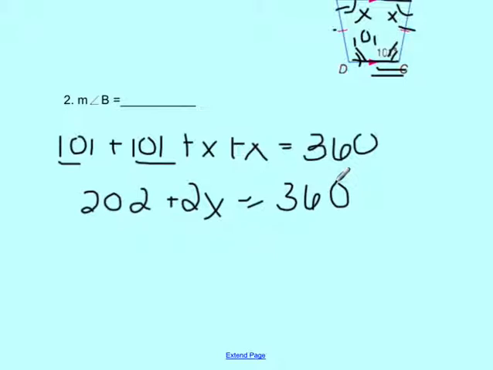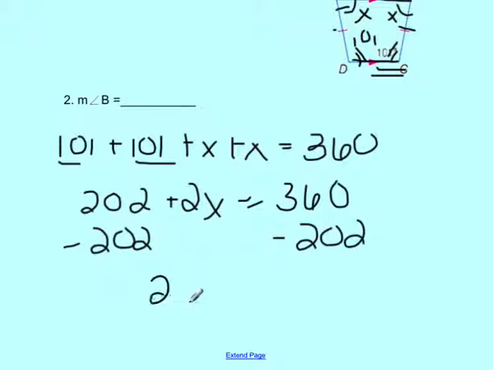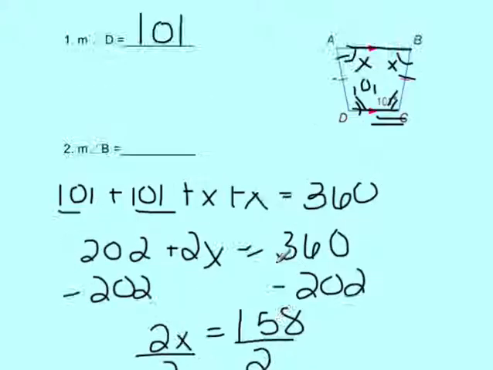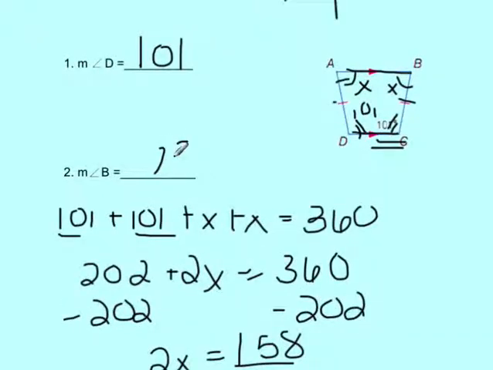Now we need to solve this for X. I'm going to subtract 202 from both sides, and then I get that 2X is equal to 360 minus 202, and that gives me 158. Then I'm going to divide both sides by 2 because that 2 is being multiplied by the X. 158 divided by 2 is 79. So the measure of angle B, or angle A for that matter, is 79 degrees.